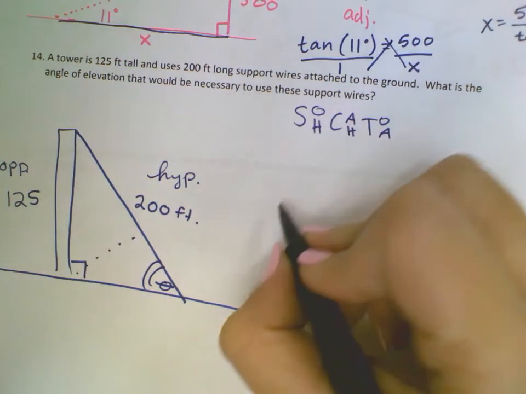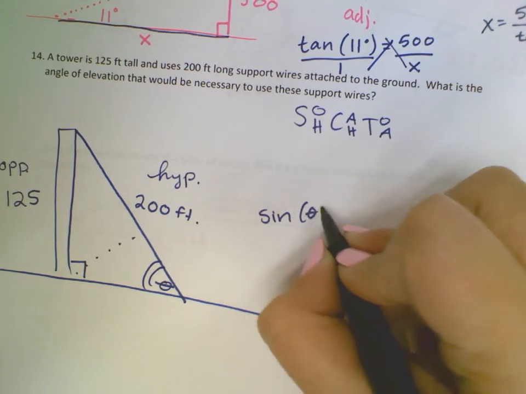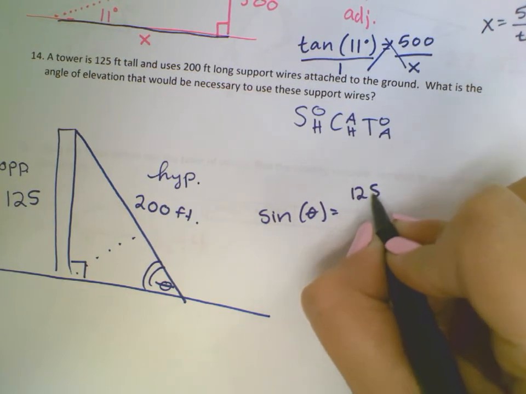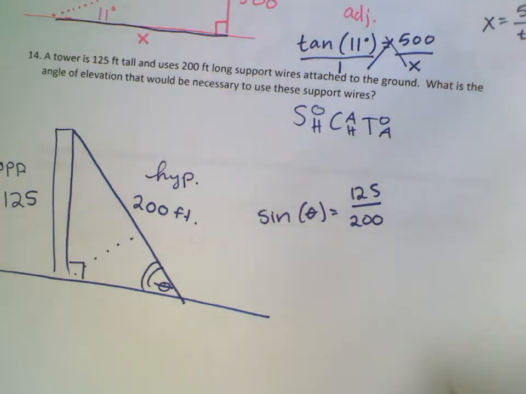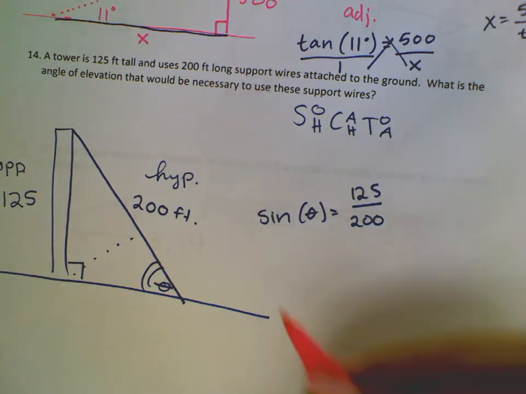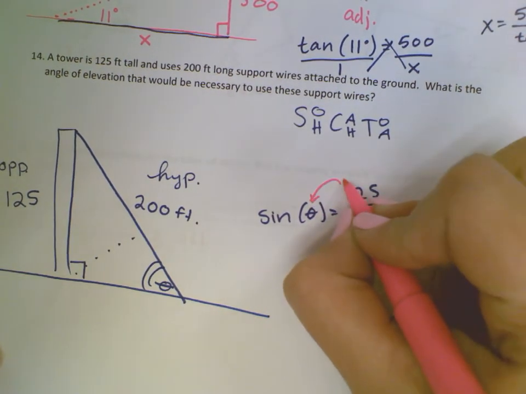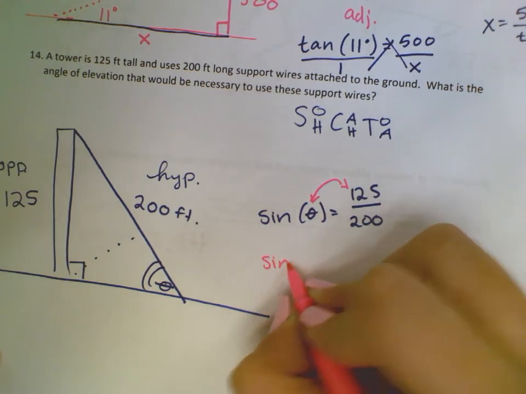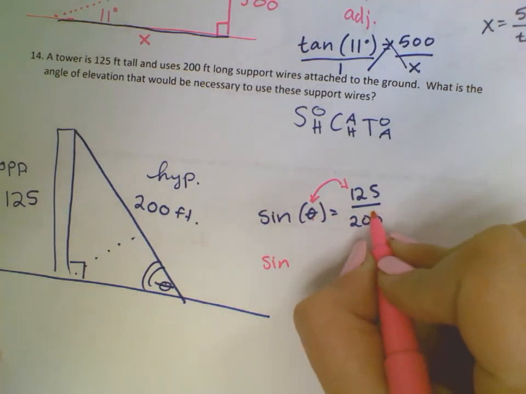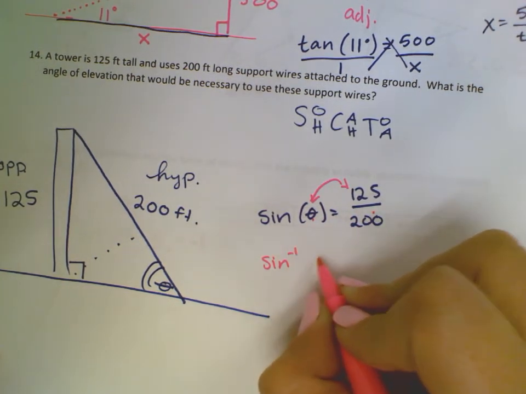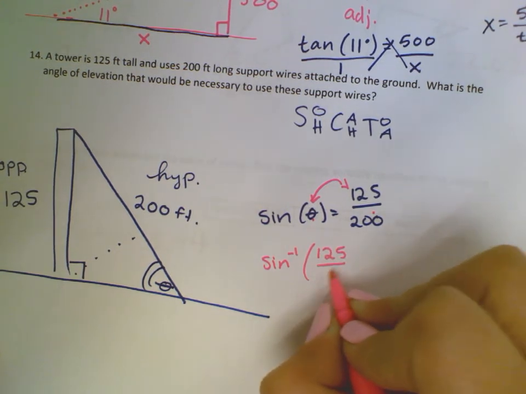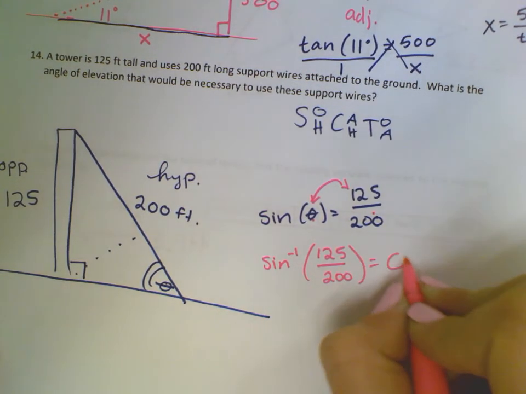So sine of theta equals opposite over hypotenuse. Now I don't have a variable in my ratio, so I need to take the inverse function where I switch my input and my output and say inverse sine of 125 over 200 equals theta.